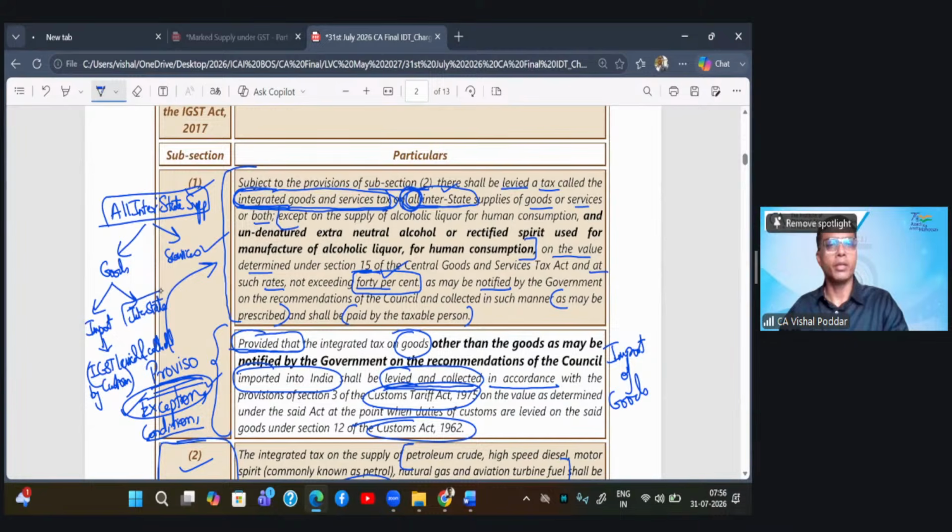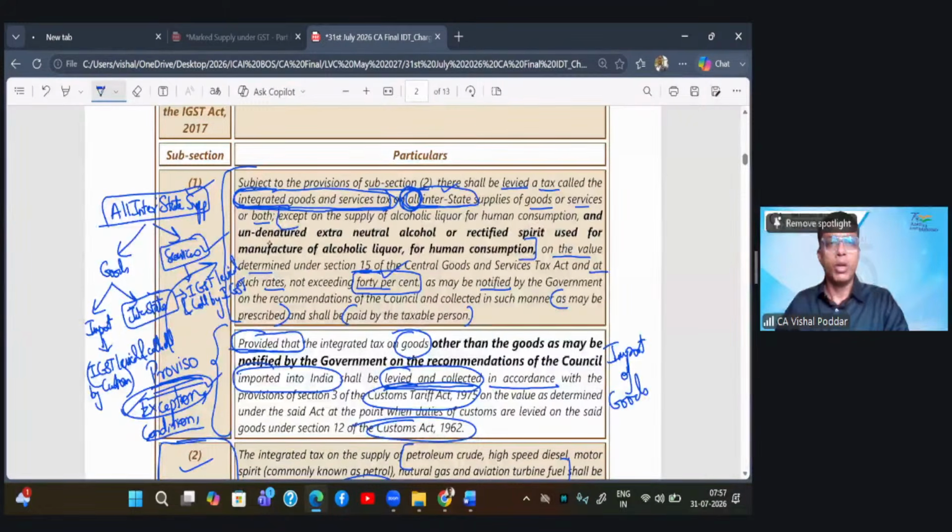For remaining everything, that is interstate supply of goods and for services, both import and interstate, all this IGST will be levied and collected by the IGST Act itself.